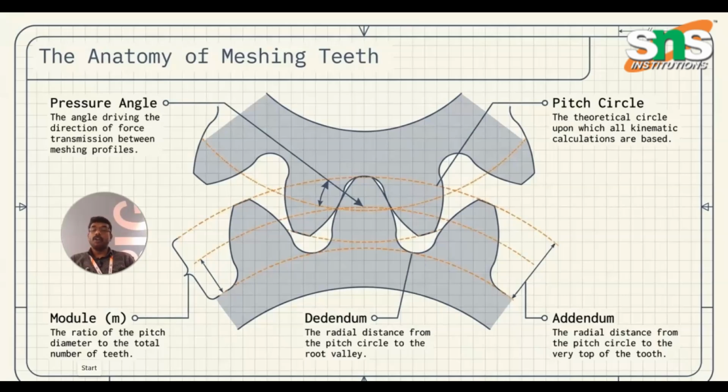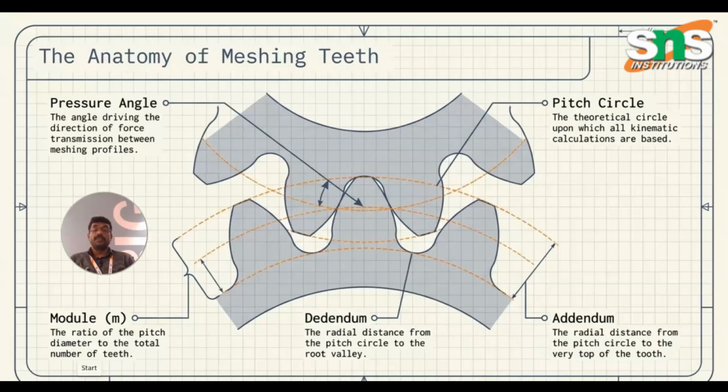Number four is module, which is given as M. That is the ratio of the pitch diameter to the total number of the teeth. And the importance of module for a gear system is that the gears can be either small or large, but these two gears can be meshed together or joined together.